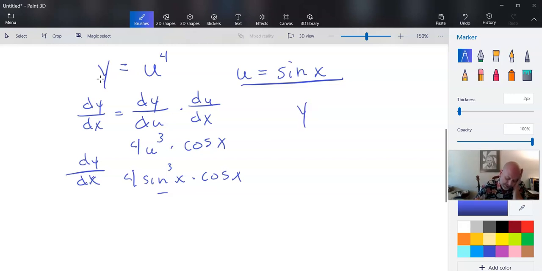It's kind of interesting that you can find these kinds of derivatives. I do want to point out that if I composed these two, if I actually substituted sine x in for u, this would be sine to the fourth of x. This would be very painful to do without the chain rule, because you would have to separate it out into 4 sines separately and use the product rule over and over again.